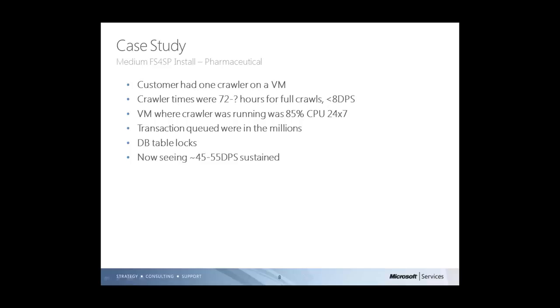So now they're seeing 45 to 55 documents per second sustained, and most of that was just because we added another crawler component, and we separated their database away from the other applications. They were using SQL for a couple of other applications. We moved it to its own server on bigger hardware, and I mean 45 to 55 documents per second is pretty quick, and that's what you want to see for a small to medium installation. If that's a number that you're looking for.